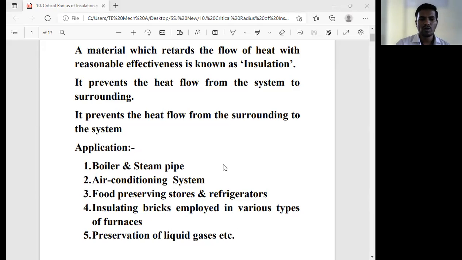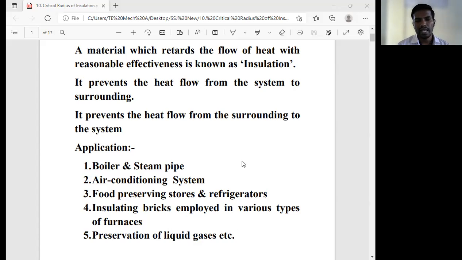Then third one, food preserving stores and refrigerators.